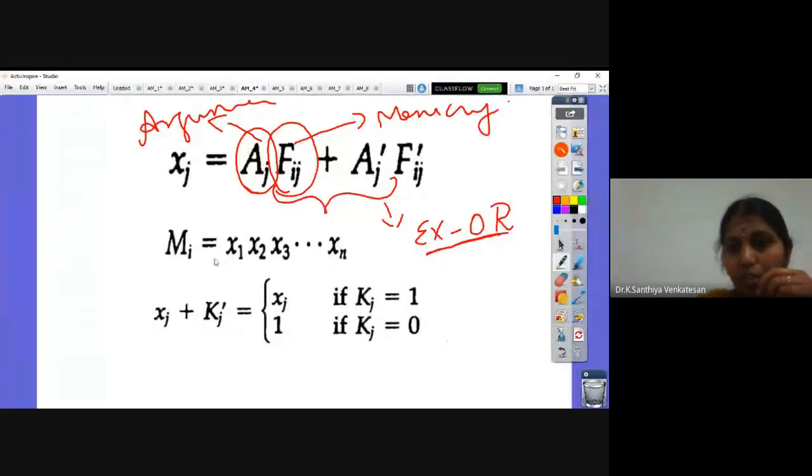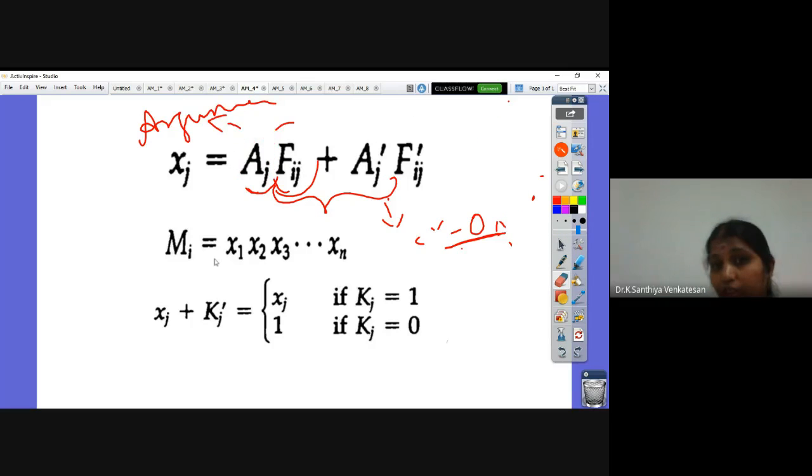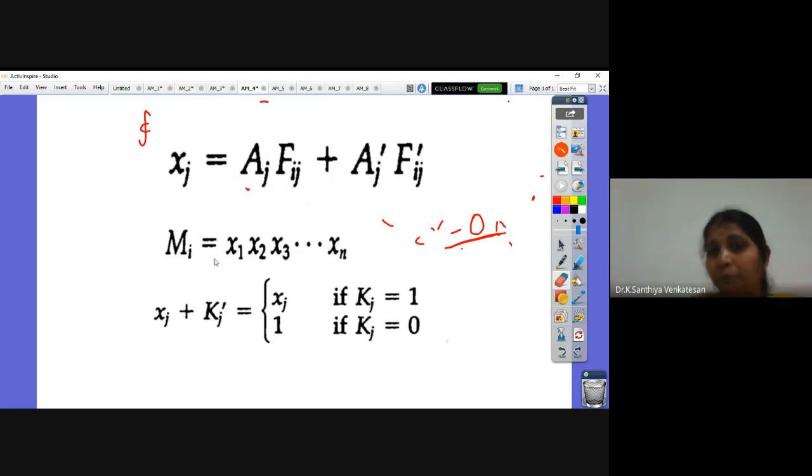You are taking the value as it is, and also the complement: AB plus A bar B bar. It is nothing but the XOR operation. This Boolean expression is very important, only then can you draw the circuit diagram, which we are going to see later.